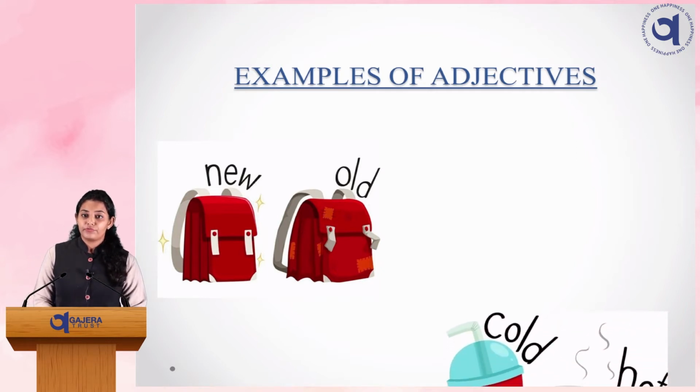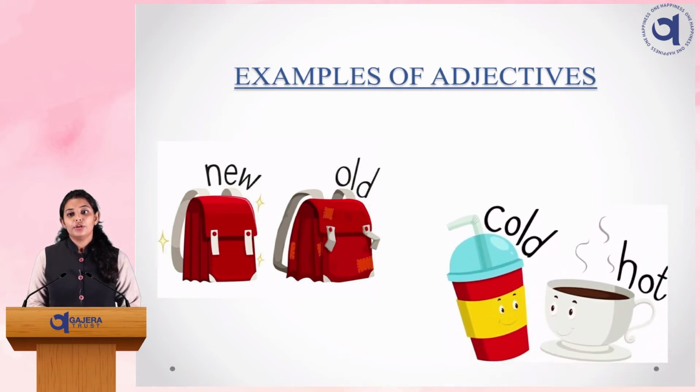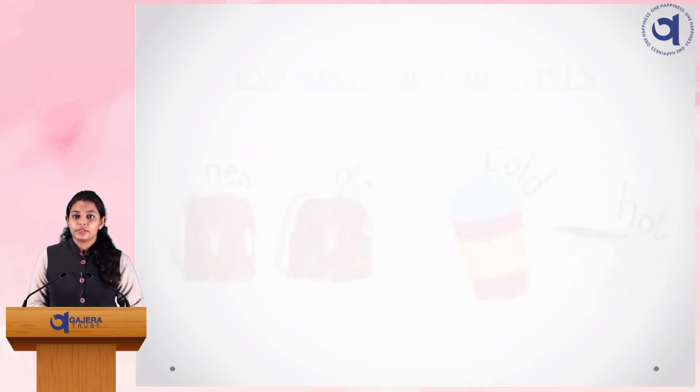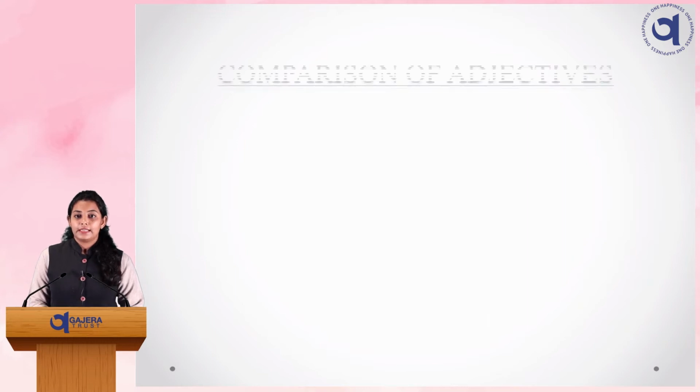One more example is cold and hot. For example, I can say this is my new car. In this sentence, car is the noun and new is the describing word. Another example: she is an old lady. Lady is the noun and old is the describing word, right? These are examples of adjectives, right students? Let's see the next one.